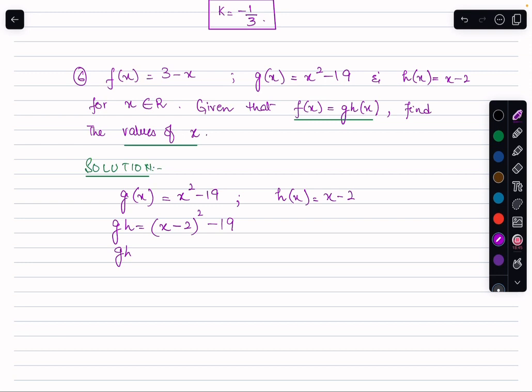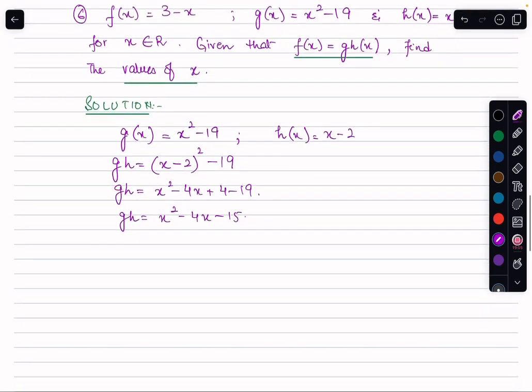If I solve it further, g of h is going to be x squared minus 4x plus 4 minus 19. Or I can say that g of h is going to be x squared minus 4x minus 15. So this is my composite function gh.